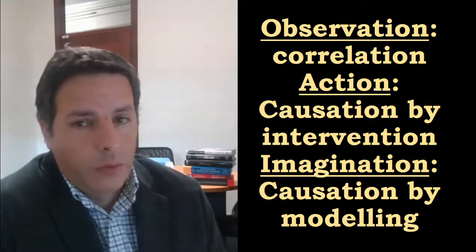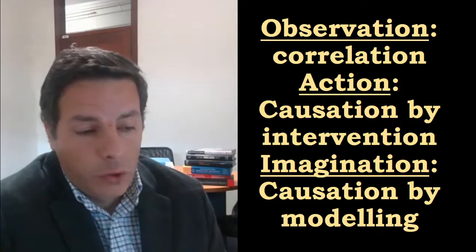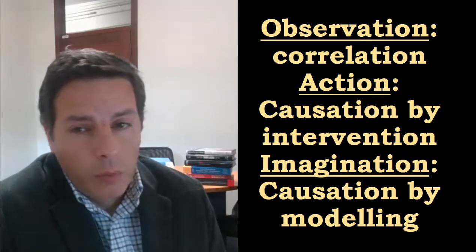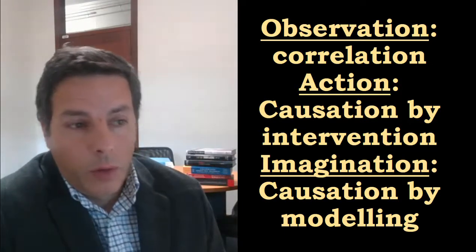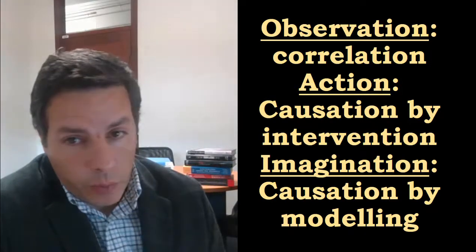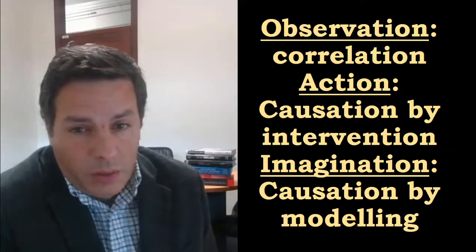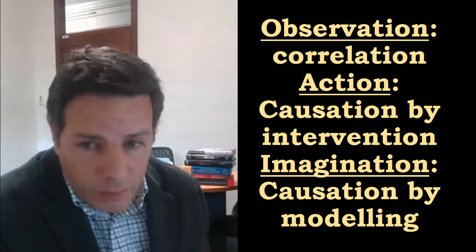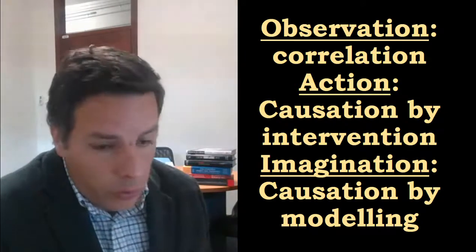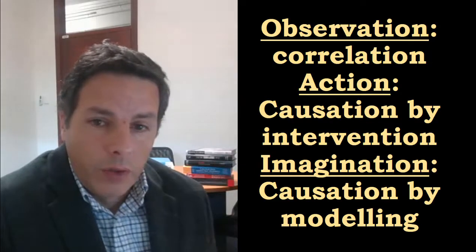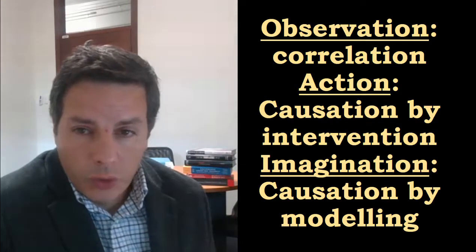Because the fact that two variables are correlated could mean that variable A causes variable B, or that variable B causes variable A, so it could be either way, and by observing only, we don't have the tools to determine which causes which.